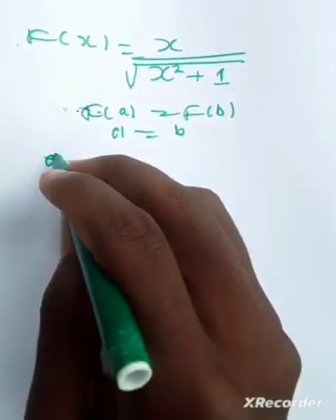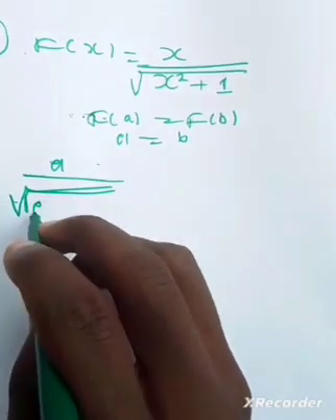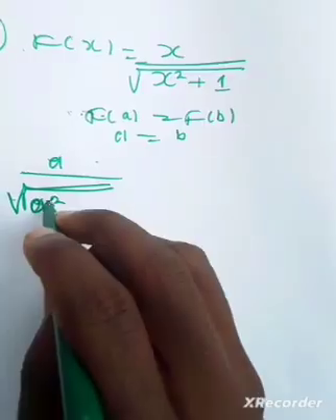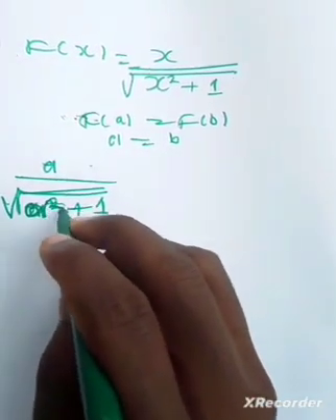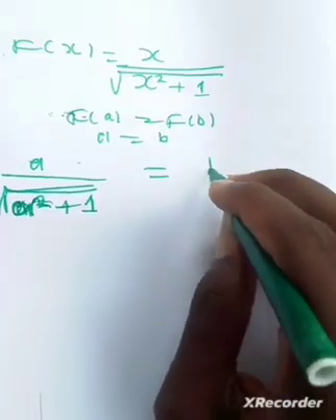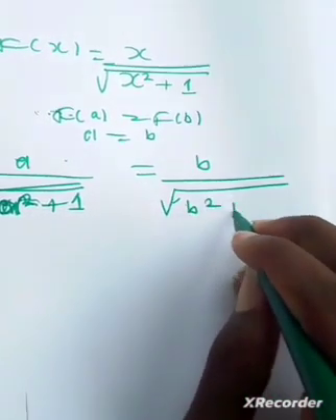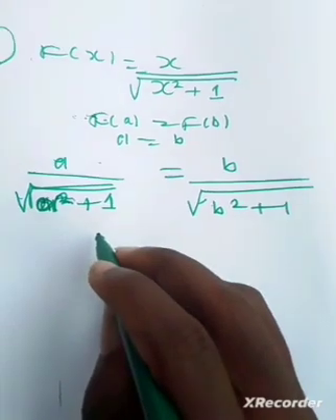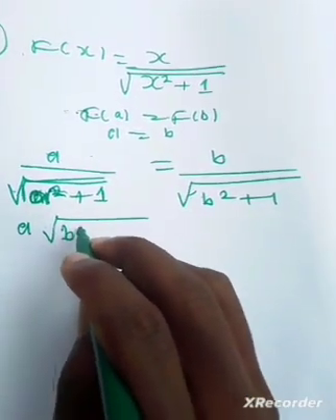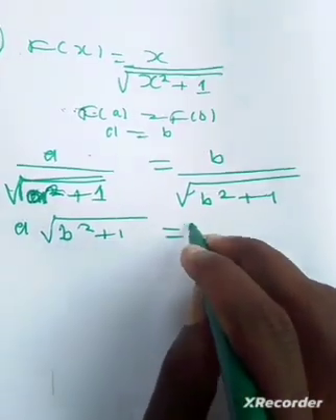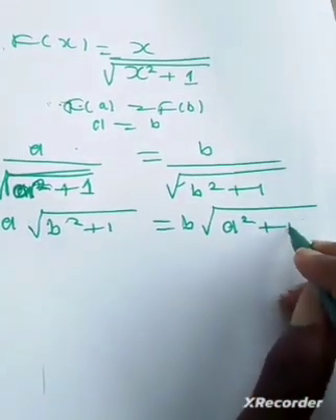So I'll say a over square root of a power 2 plus 2, this power 2 here, equal to b over square root of b power 2 plus 1. Cross multiply: b times square root of a power 2 plus 1.